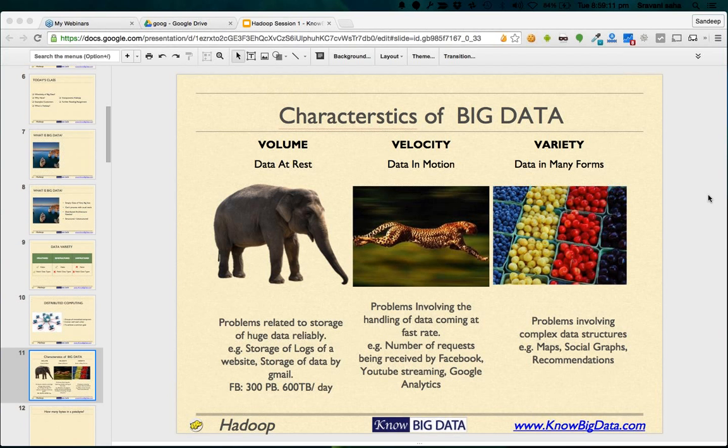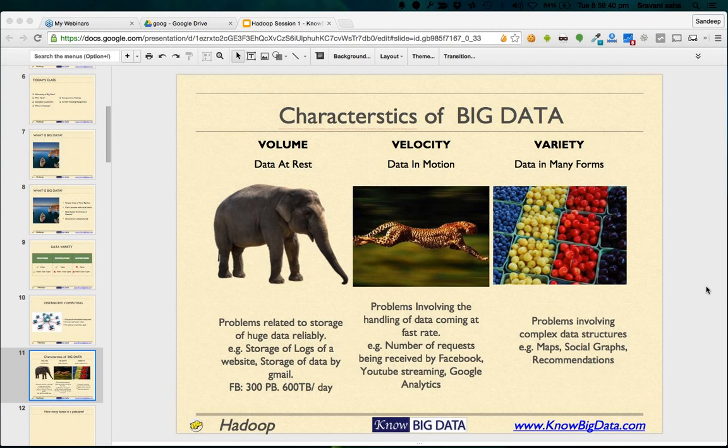There will be millions of users even in the third degree from you, right? So if you try to do any kind of analysis on this kind of complex structure of data, you will soon run out of resources, and therefore you would require a distributed computing architecture to solve such complex problems.